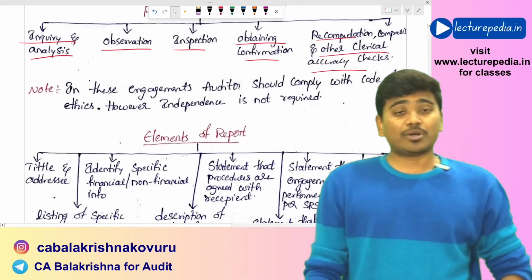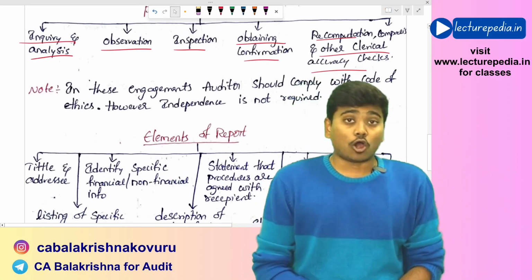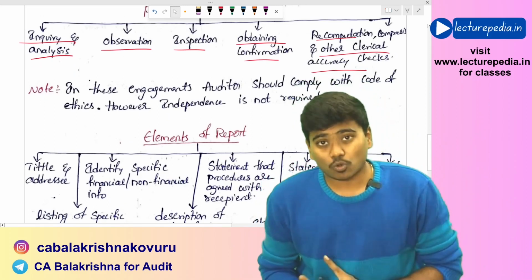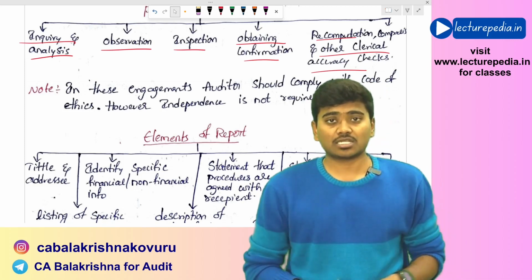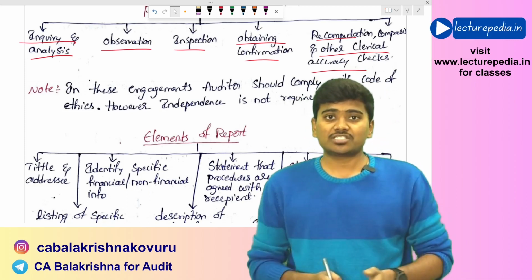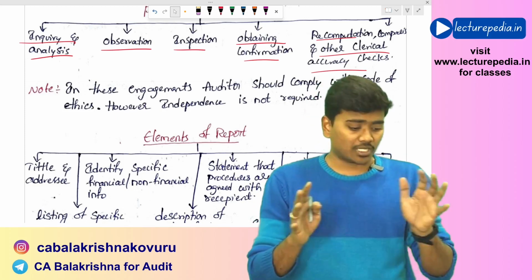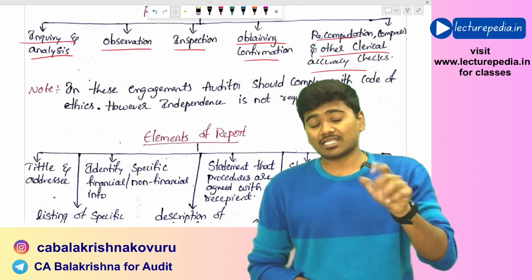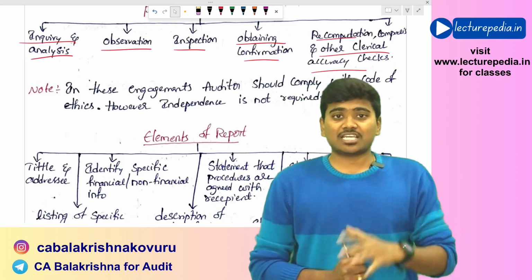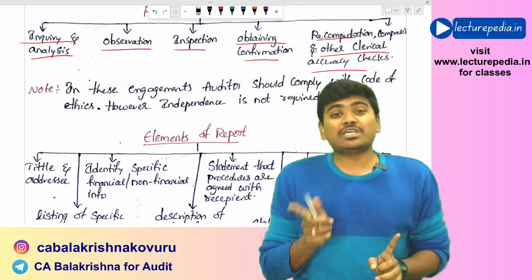And also, while performing these agreed upon procedures, the auditor needs to comply with the code of ethics. The fundamental principles he needs to comply with. Five fundamental principles are there, right? Integrity, objectivity, confidentiality, professional behavior, all those fundamental principles the auditor needs to comply with. Another important point, for performing these engagements, the auditor need not be independent.